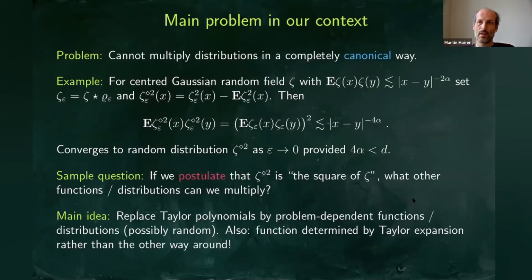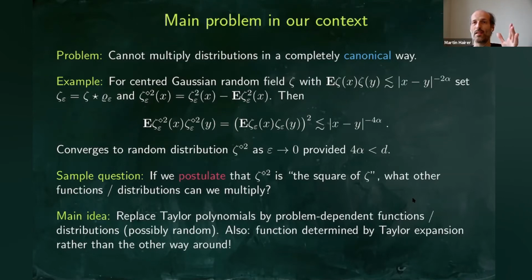And so then the main idea of the whole theory is the following. What you want to do is build a theory that somehow smells very much like Taylor expansions, but you replace the Taylor monomials, like x minus x naught to the k, by arbitrary distributions or functions, that might be random even.